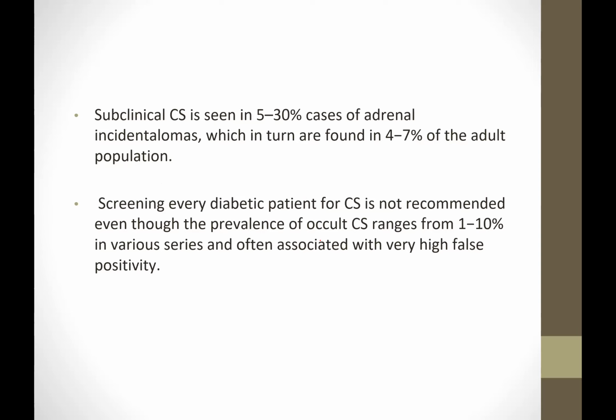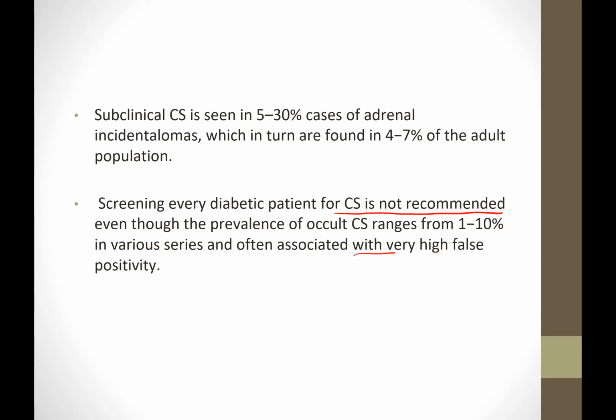Subclinical Cushing syndrome is seen in 5 to 30% of cases of adrenal incidentalomas, which in turn are found in 4 to 7% of the adult population. Screening every diabetic patient for Cushing syndrome is not recommended, even though the prevalence of occult Cushing syndrome ranges from 1 to 10% in various series and is often associated with very high false positivity.